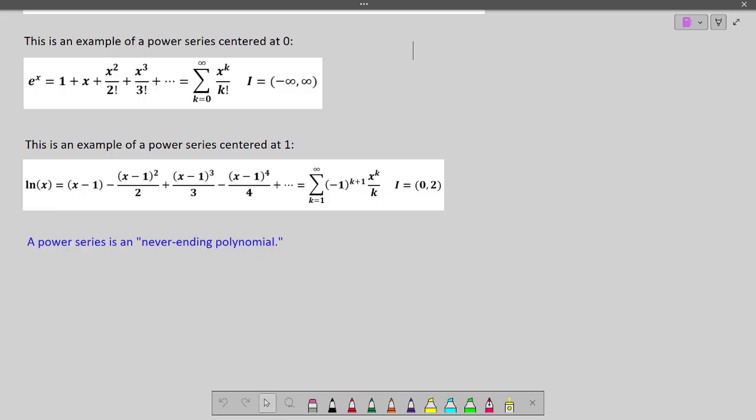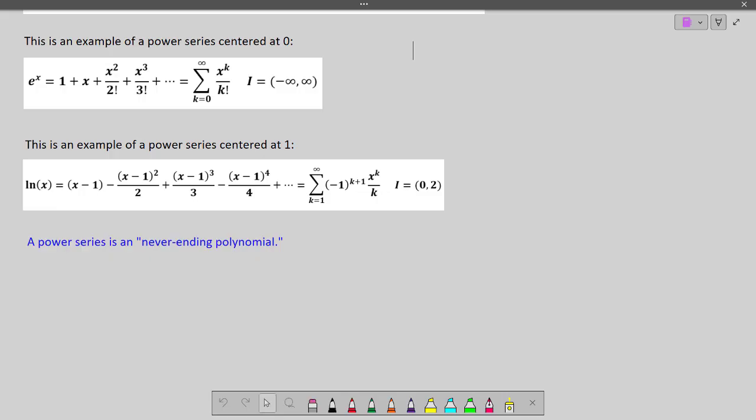No matter what x value you plug in there, it will converge. If you put a 2 in there, e squared will equal 1 plus 2 plus 4 over 2 factorial plus 8 over 3 factorial. It'll be exactly equal. So every single x value that you plug in, you will have convergence.